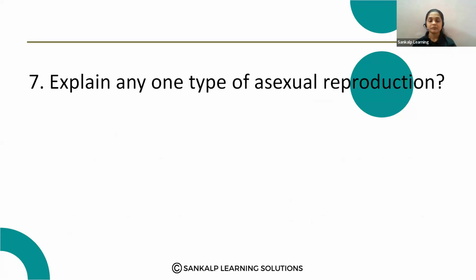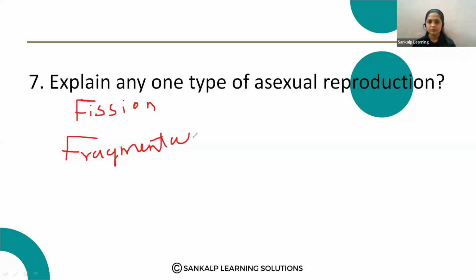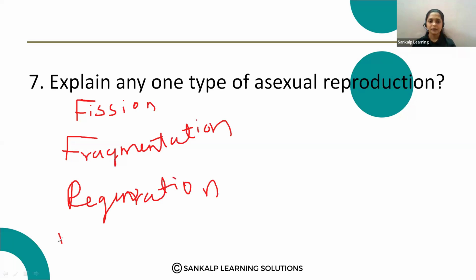Next question. Explain any one type of asexual reproduction. So there are different methods of asexual reproduction we have studied in this chapter, right? Fission is also a type of asexual reproduction. Then fragmentation, then regeneration, budding.